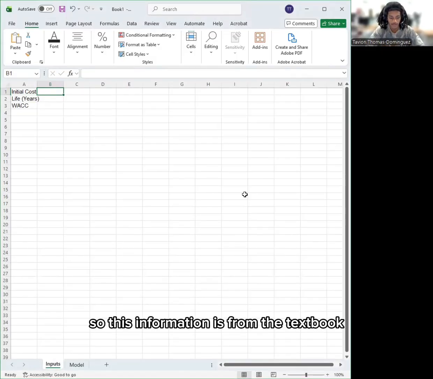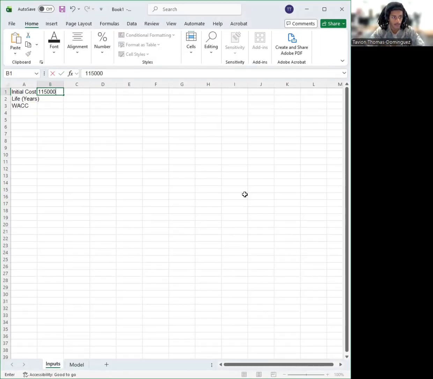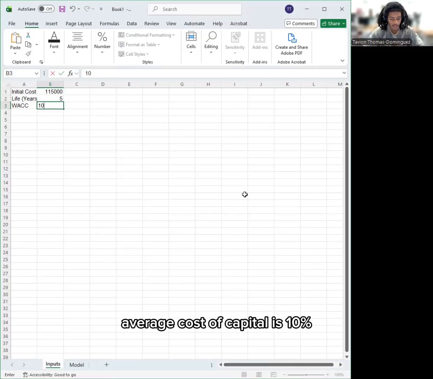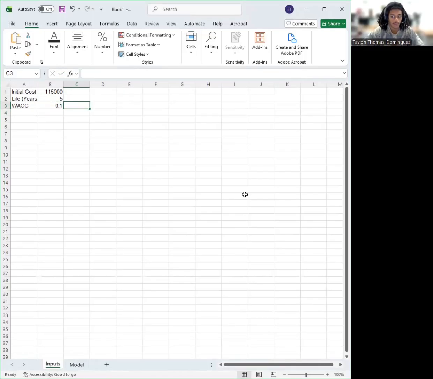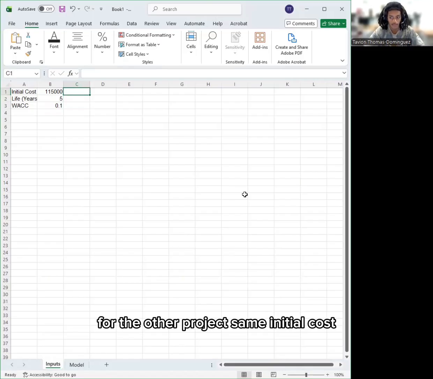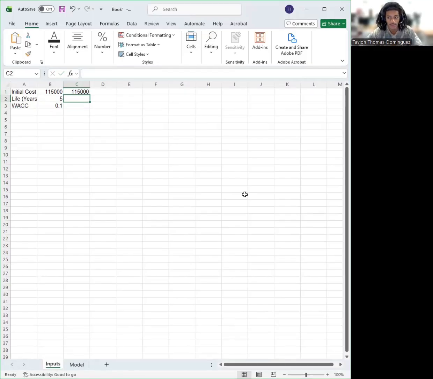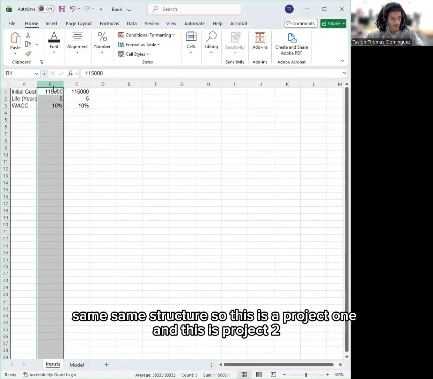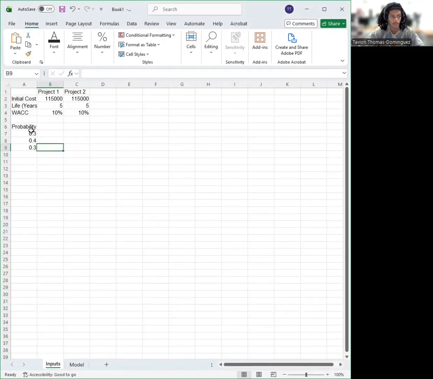So this information is from the textbook. The initial cost is 115,000. The life is 5 years, and the weighted average cost of capital is 10%. For the other project, same initial cost, same structure. So this is project one, and this is project two.